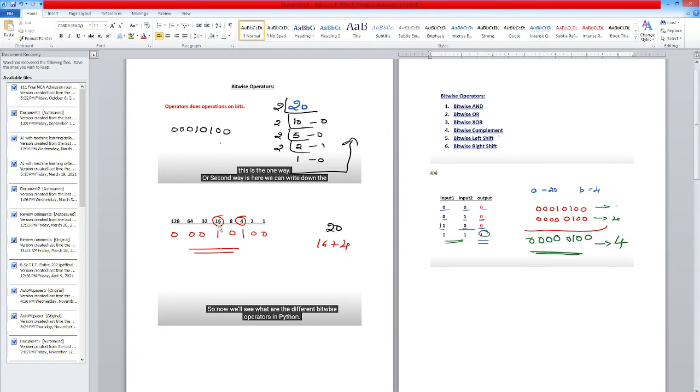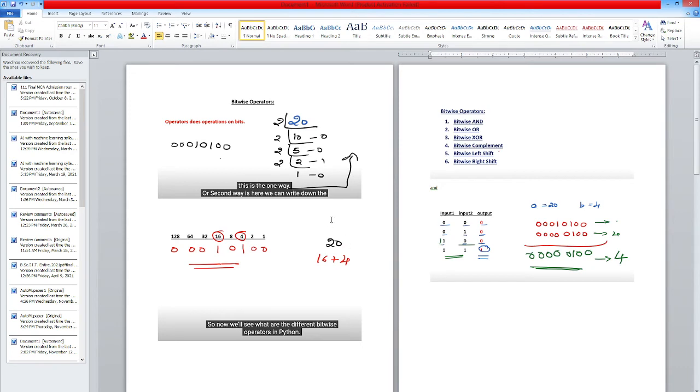Here see the addition of 16 plus 4 is equal to 20. Therefore for 16 we write 1 and for 4 we write 1, other bits are 0. We have to convert 20 into 10100. This is the process to convert any decimal to binary. This is the easy process.